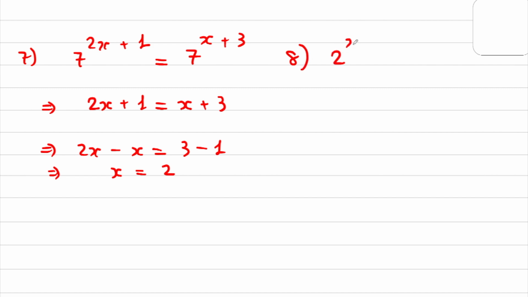How about question 8? You've got 2 to the power of h times 2 to the power of h, and the other side will be 4. How can you solve this one? You can see 2 to the power of h and 2 to the power of h multiplied together means h plus h, and 4 is 2 squared. The left-hand side and the right-hand side have the same base number.